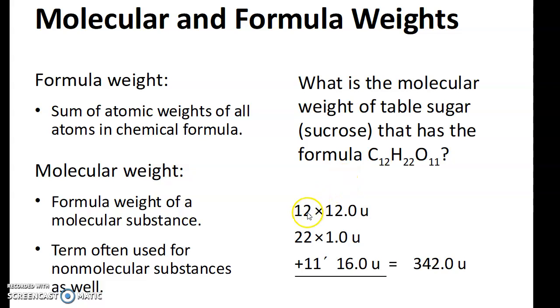Well, there's 12 carbon atoms, so that's 12 times 12 is 144. 22 times 1 is 22. 11 times 16 gives you a total for all of those of 342 for the formula weight or molecular weight of sucrose.